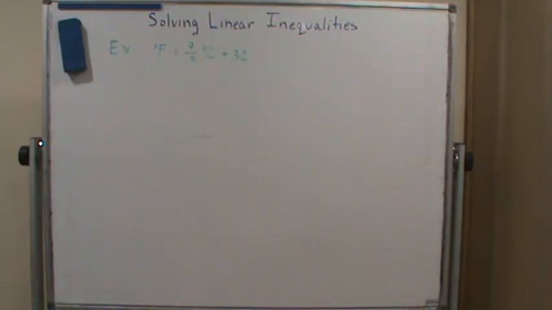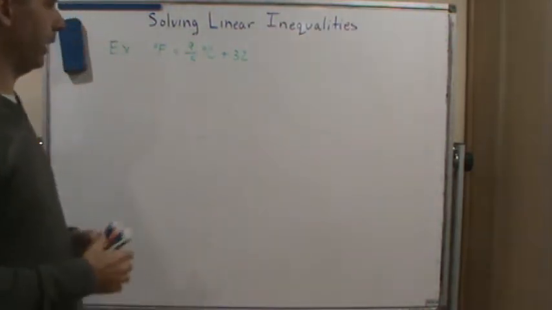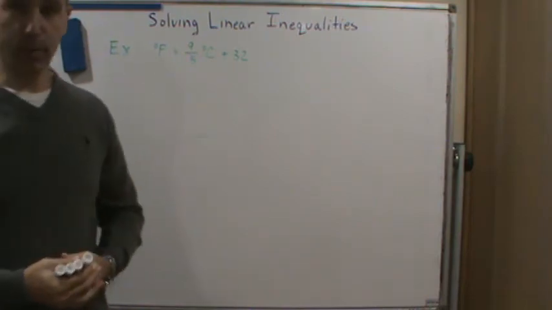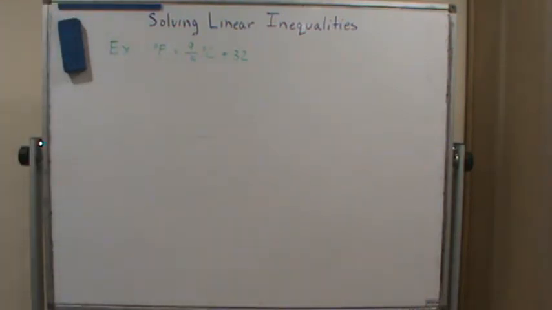Now, one formula that we can use is this. That is the conversion formula between degrees Fahrenheit and degrees Celsius. Let's read the problem carefully again. It says the heating unit automatically comes on and continues to run when the temperature is equal to or below 72 degrees.